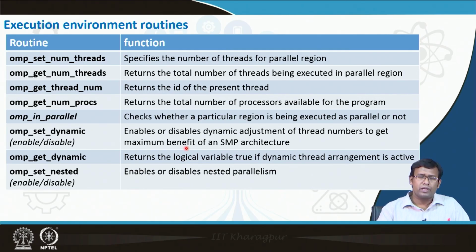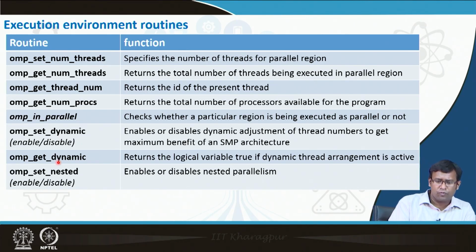Therefore, the OpenMP compiler itself does that job: it can look into the program and the hardware and set the best number of threads so that the maximum benefit can be obtained, and that can be done by OMP set dynamic. OMP get dynamic will return true or false, whether the dynamic arrangement of threads is initiated or not. What is the present environment? Are the threads statically defined by the user, or is the dynamic number of threads being used?